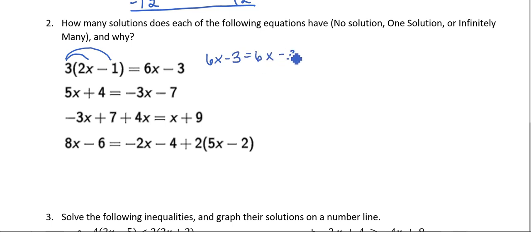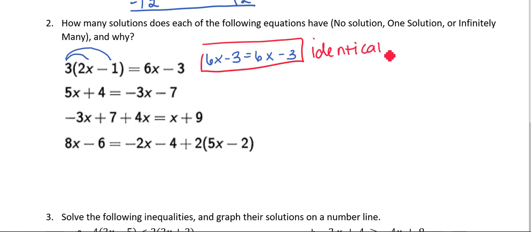And I don't really need to continue this. These are identical expressions on both sides of my equal sign. Since they're identical, it means that there will be infinitely many solutions.